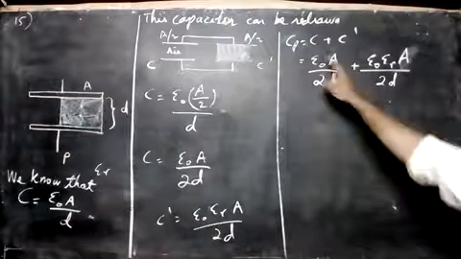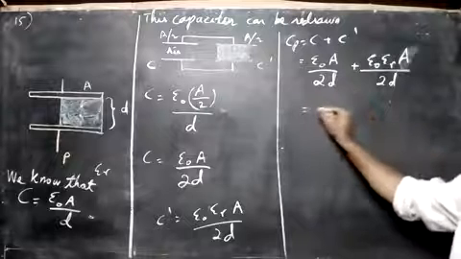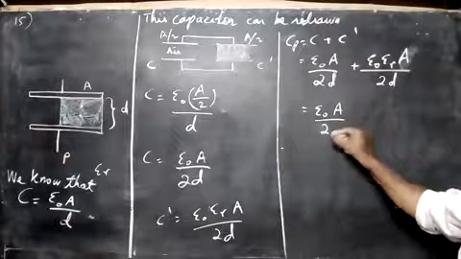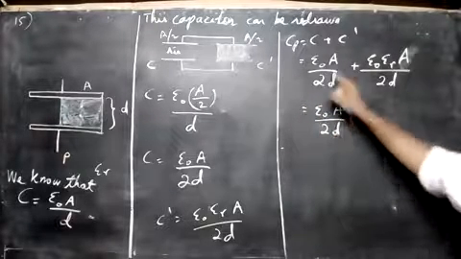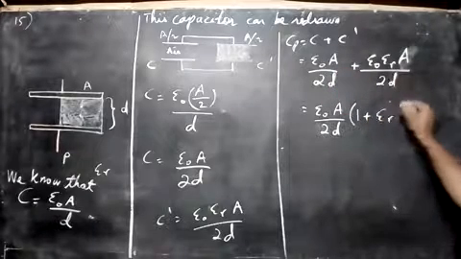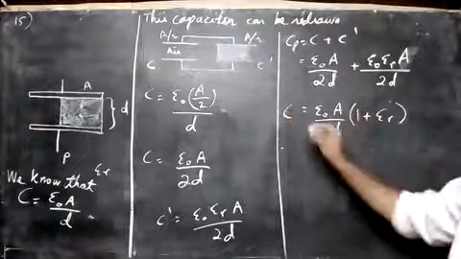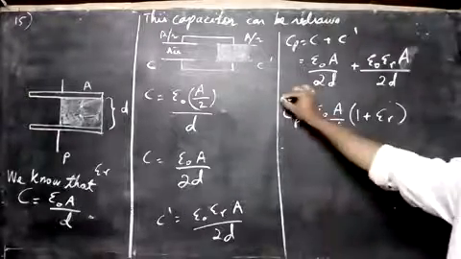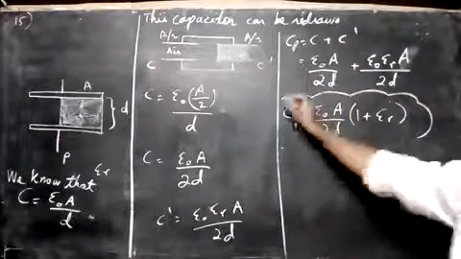You take the common terms, epsilon naught A and 2D. So you write it this way: epsilon naught into A by 2D, in the first one we have 1, plus in the second one we have epsilon R. So this will be the value for the capacitance of P. It's a very easy thing we got now.